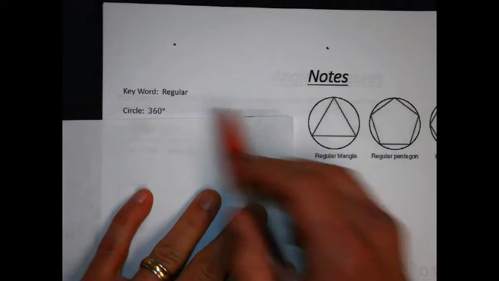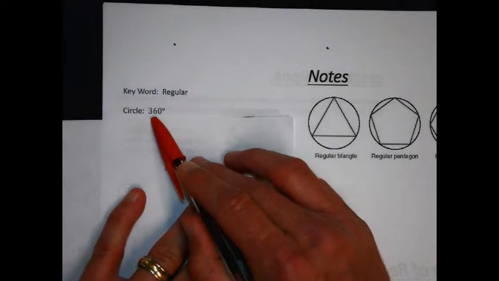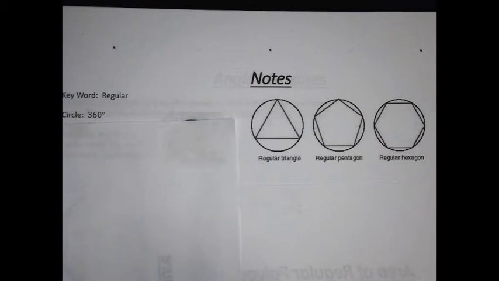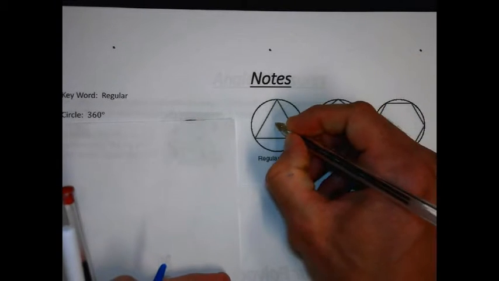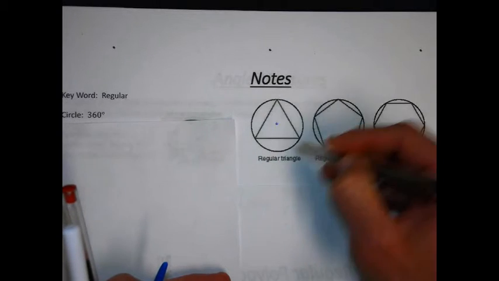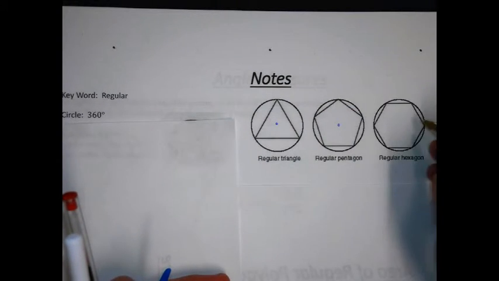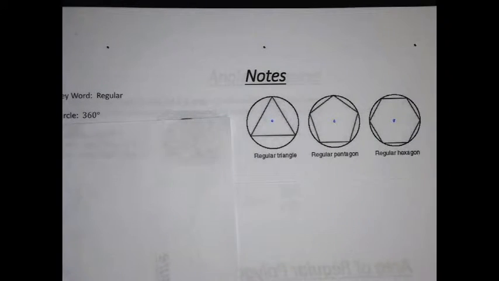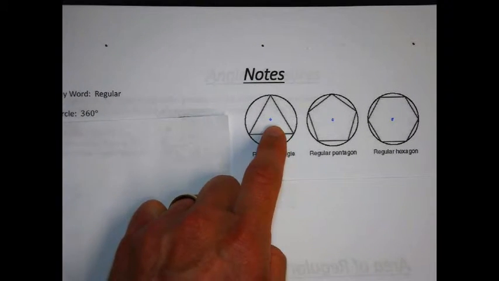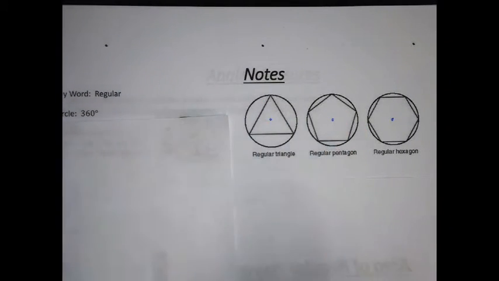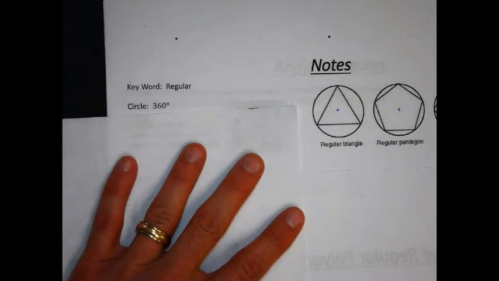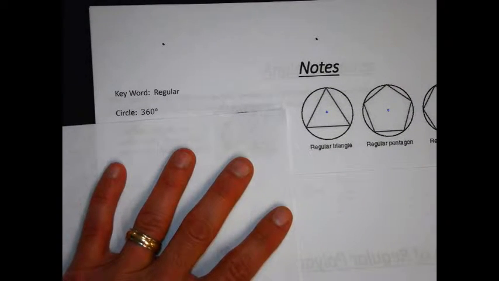Remember, a circle has 360 degrees around the center. That's what's kind of cool about regular polygons. The center of the polygon is the center of the circle, and a circle has 360 degrees. So that is a huge vocabulary concept when it comes to the word regular.